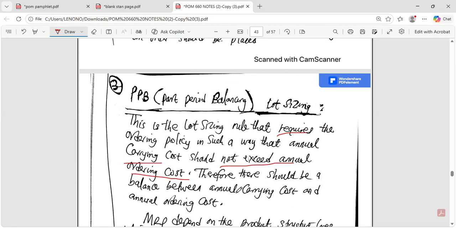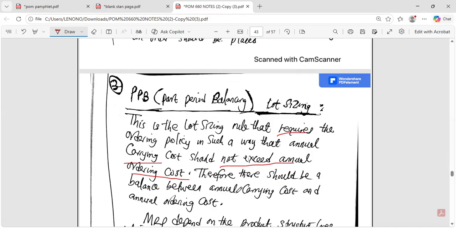So there should be a balance between annual carrying cost and the annual ordering cost. This is on the aspect of the part period balancing lot sizing.